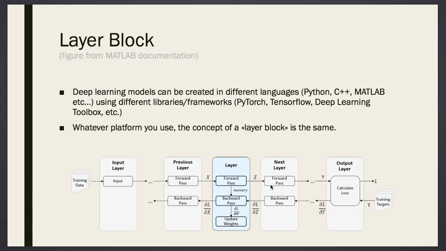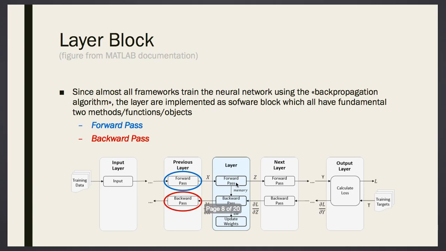The type of the coding, the type of the data structure, the type of the object, the way it's architecturally designed can be different, guys. But they all use something called the layer block. Each layer you add is an object or a function or, in general, a block. Each layer block in all these frameworks has two fundamental capabilities: a forward pass and a backward pass.